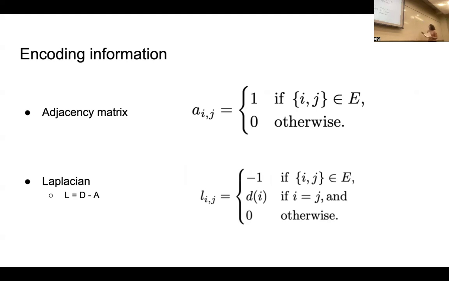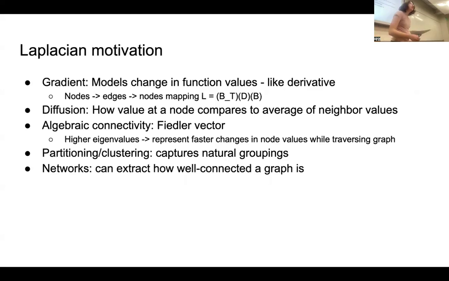And then we just negate the adjacency matrix. So 0. Yeah, I guess this doesn't seem like that intuitive of a construction.